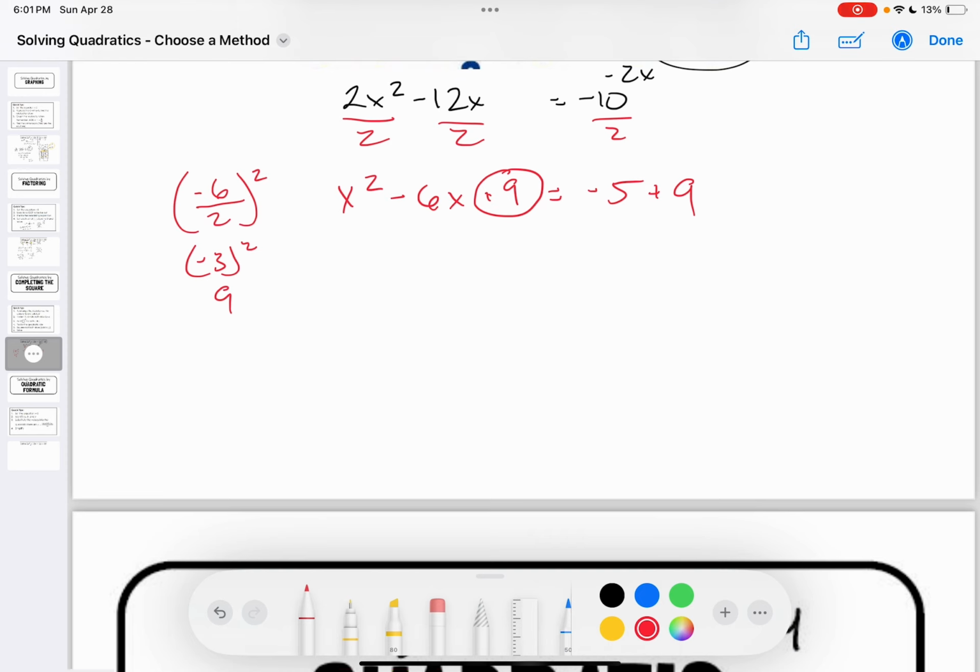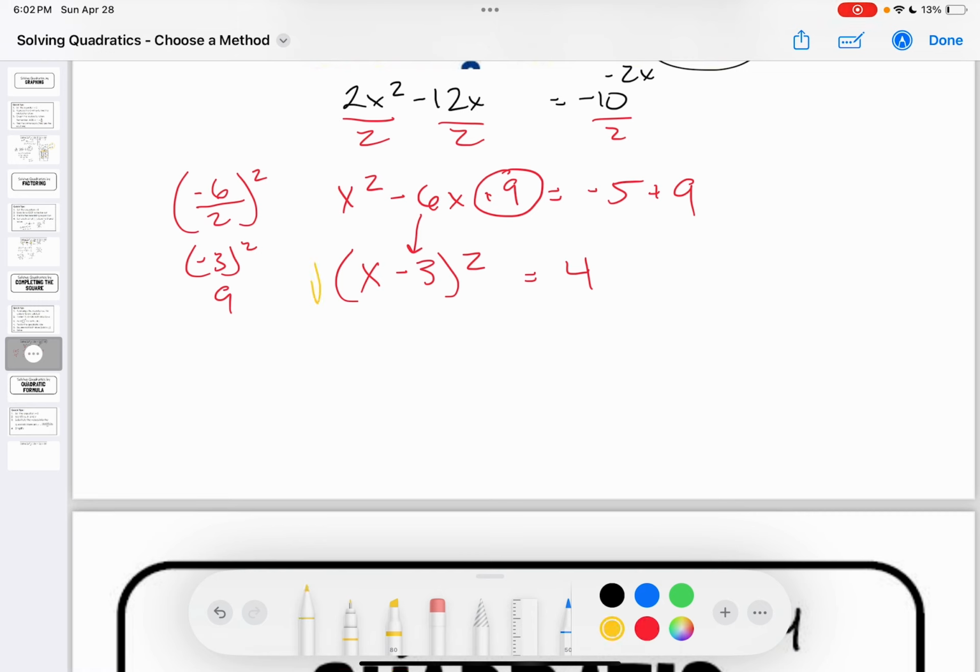That allows me to turn my left side into (x minus 3) squared. The right side is negative 5 plus 9, which is 4. Again, the reason we did minus 3 here is because that's half of negative 6.